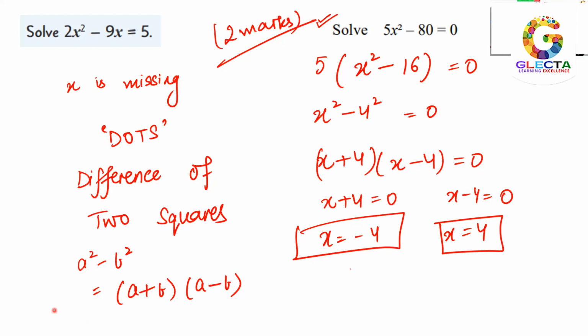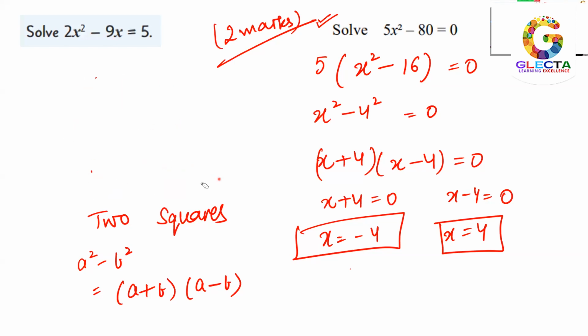Is everyone clear with this? Repeat. Yeah, I'll just repeat once again. I'm saying over here that whenever in our quadratic equation the x term is missing, we always find the difference of two squares. Like if I have x square, take away 100 equals 0, right? You know 100 is the square of 10, right?